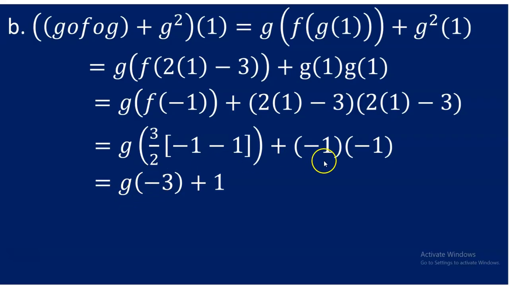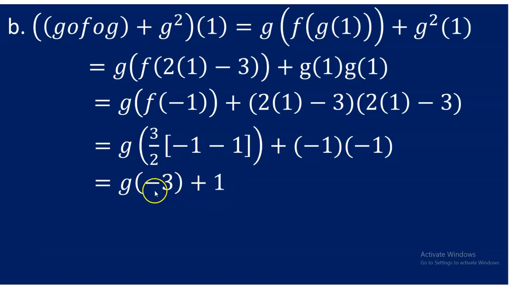What about there? We are having a product of 2 minus 1s here. You see, one is obtained from g of 1 and the other is obtained again from g of 1, okay? So we are having minus 1 times minus 1. So obviously, the product of the two turns out to be positive 1. So you see, this complicated expression now comes to a simple one, being g of minus 3 plus 1.